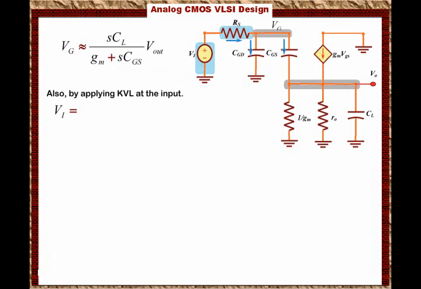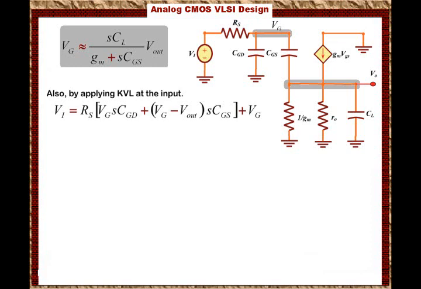The current flowing through CGD is VG times S times CGD. And the current flowing through CGS is VG minus Vout, which is the voltage across this capacitor, times the admittance S times CGS. So the voltage across RS is RS times the current flowing through it, plus VG, which is the voltage at the gate.